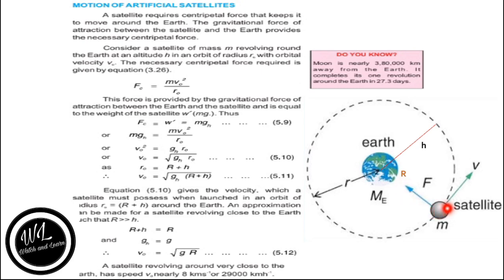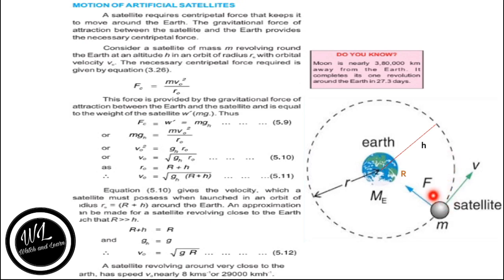Let's say we are considering a satellite whose mass is m, revolving around the earth at a height of h, with orbital radius r naught, and moving with velocity v naught. To complete its revolution in a circular path, it must have centripetal force.